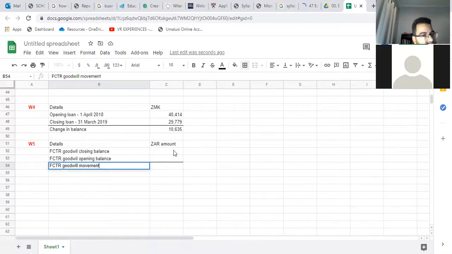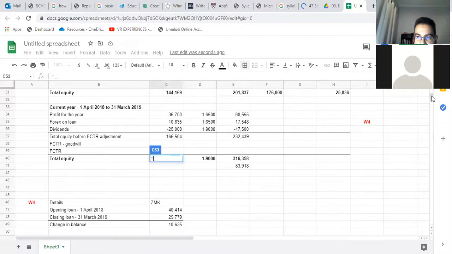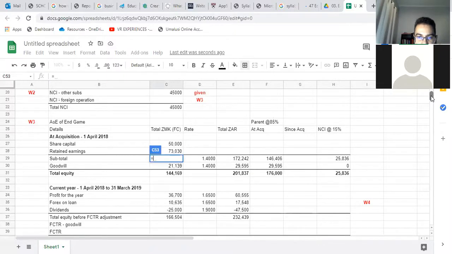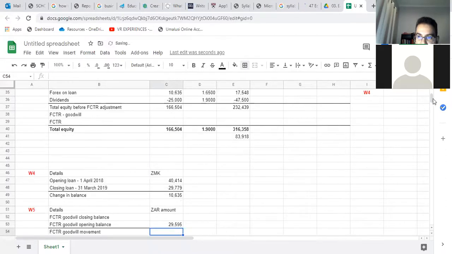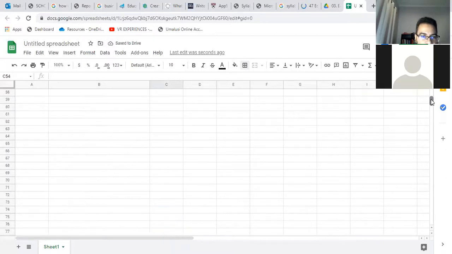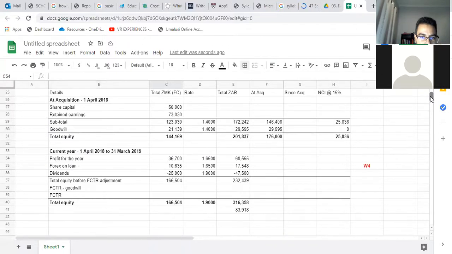we already have the opening balance from the calculation. So there we go, 2959, whatever it was. Then over here, what was goodwill? Goodwill was 21,139.